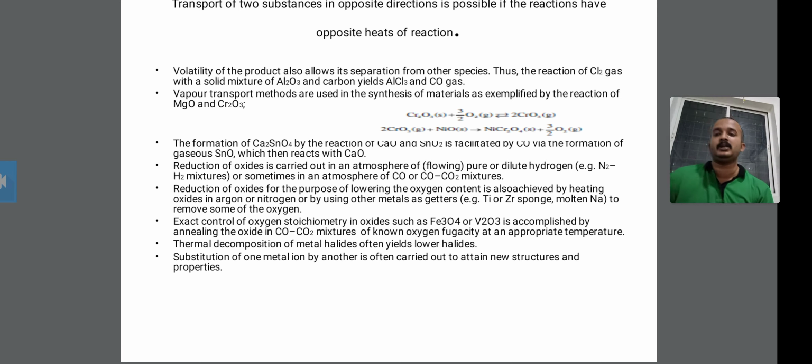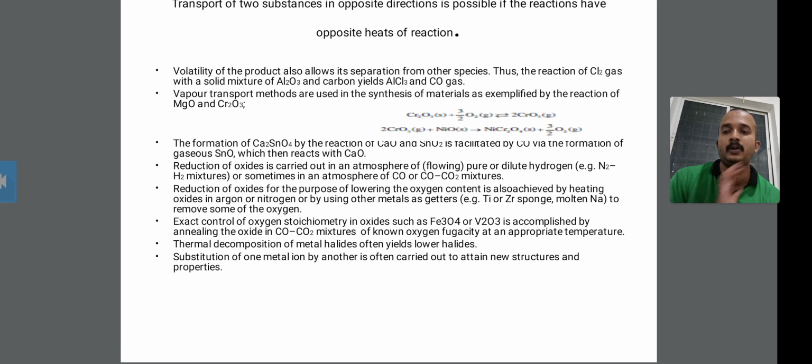Calcium oxide and SnO2, in the presence of heating, form Ca2SnO4, and that reaction is facilitated by CO via the formation of gaseous SnO, which then reacts with the calcium oxide.